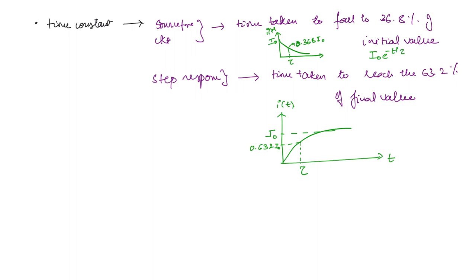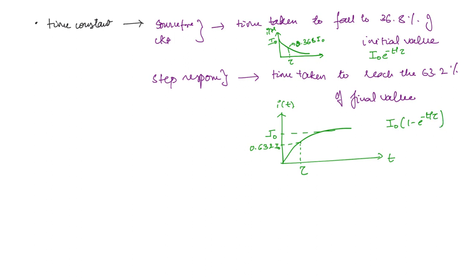So e to the power minus tau by tau, that means e to the power minus 1, will give you 0.368. And in the step response, it was I naught times 1 minus e to the power minus t by tau. So here, 1 minus 0.368, you're going to get 63.2. So the time taken to reach 63.2% of the final value.